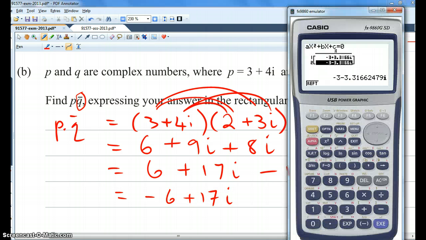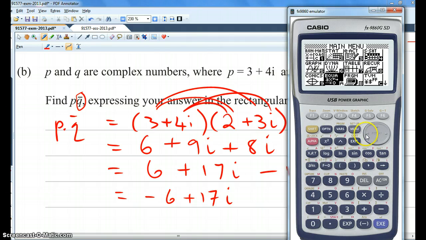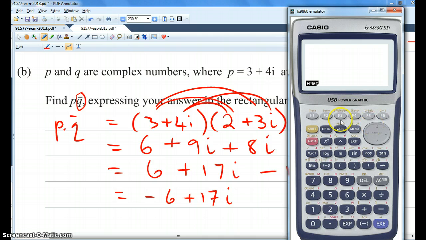Now I make mistakes all the time, so I like my calculator. And if I go here, option, complex. Let me see. I have got 3 plus 4i times 2 plus 3i, close bracket, execute, negative 6 plus 17i.